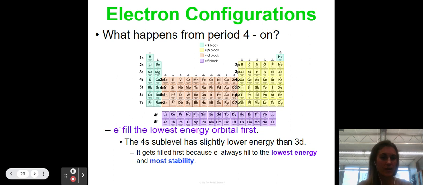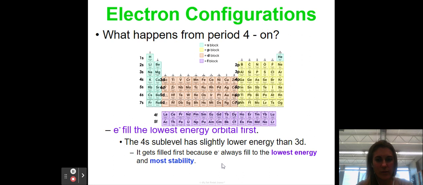So just a couple other things. What happens from period 4 on, remember that it kind of goes out of order here. Instead of after 4s is 4d, it's 3d. So the reason for that is the 4s sublevel has slightly lower energy than 3d. Again, a little bit more complex and advanced.